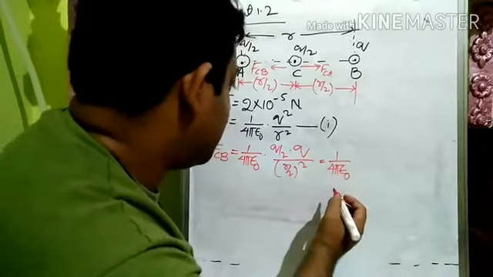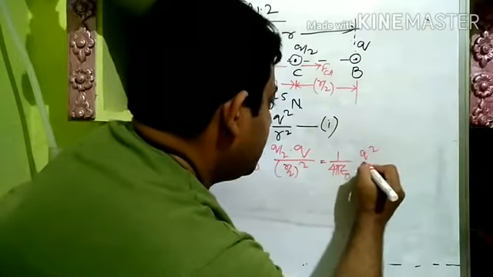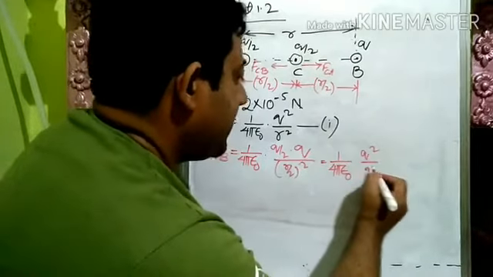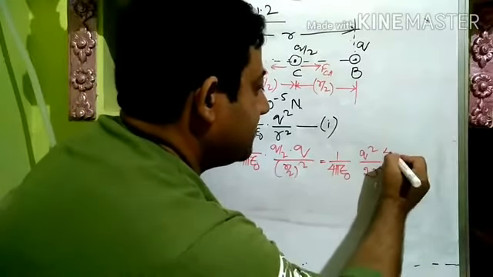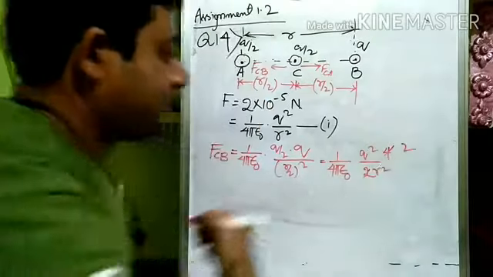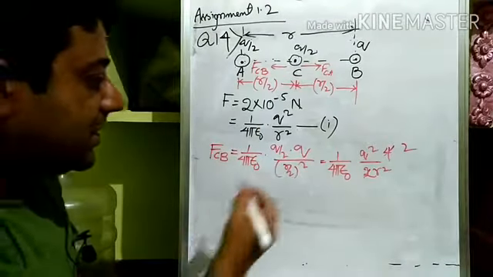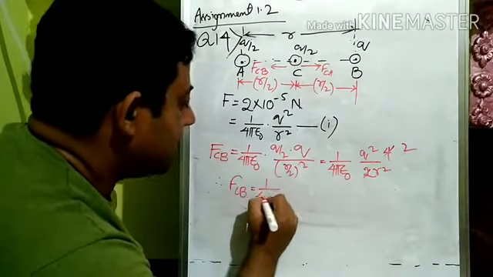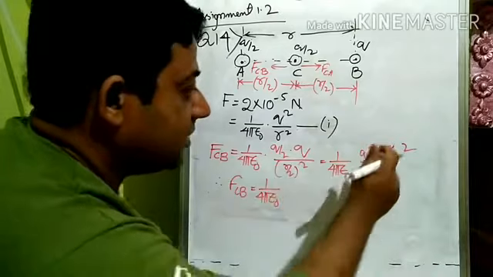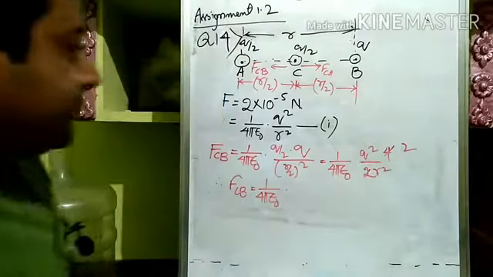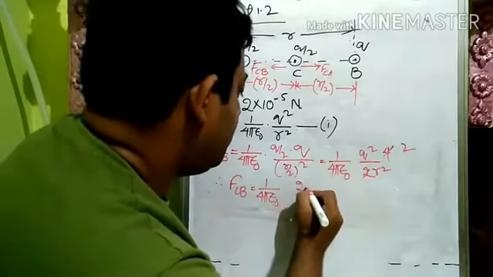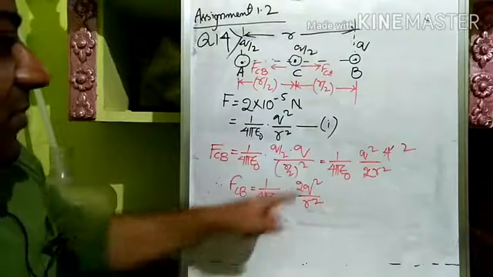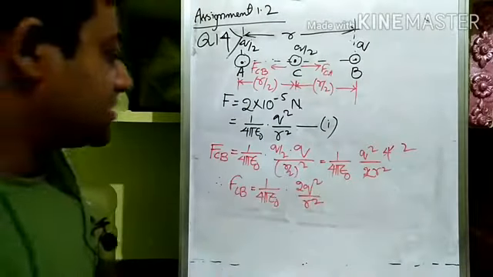This R square by 4 goes up, and the 2 comes down, so 4 twos are 2 twos, right? Therefore FCB is equal to 1 by 4 pi epsilon naught 2Q square by R square.